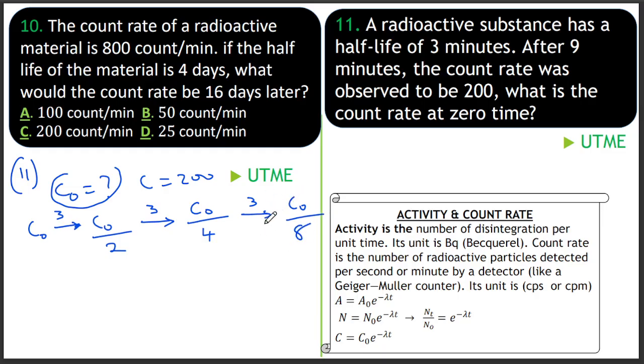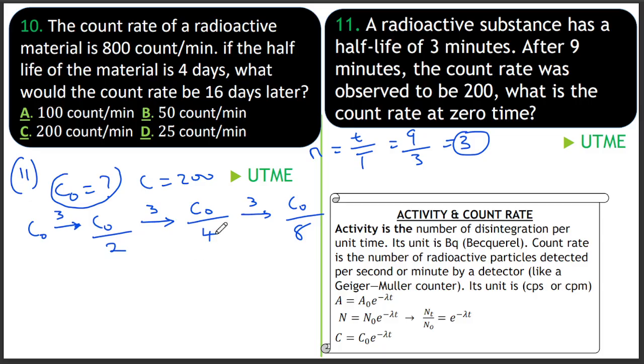All right. So of course, how do I know when to stop or how many arrows? You remember? You say number of arrows or number of half-lives is equal to small t over capital T, which in this case will be 9 over 3, which will be 3. So this can suggest to you the number of arrows or the number of half-lives.